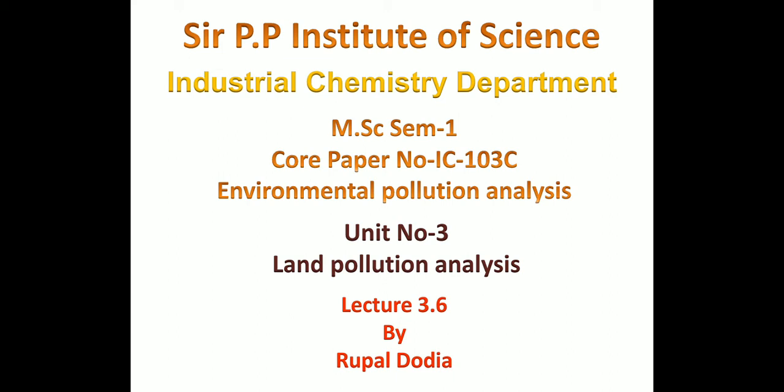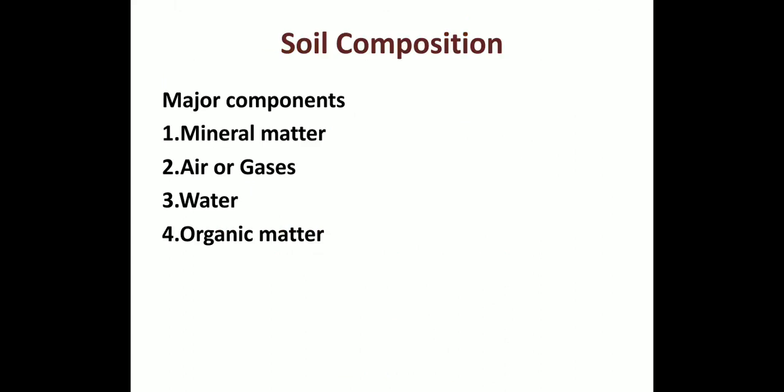And today we are going to discuss the third component, soil water. So again we will start with soil composition. Major components: number 1, mineral matter; number 2, soil air or gases; number 3, soil water, or only water you can say; and number 4, organic matter.